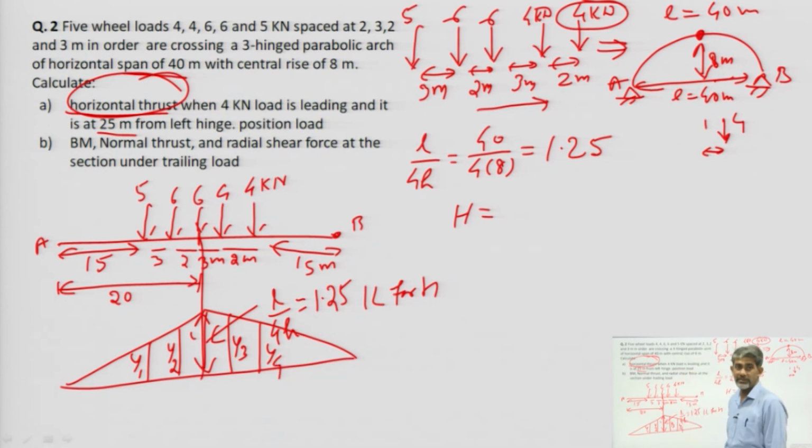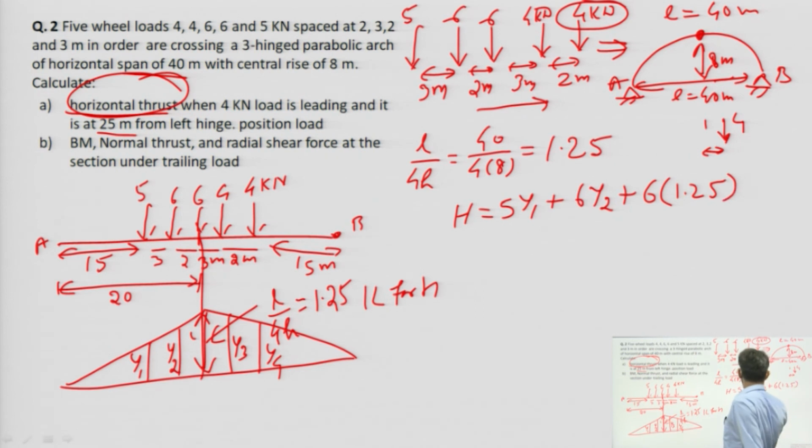So, the value of H is 5 into y 1 plus 6 into y 2 plus 6 into this ordinate known as 1.25, plus 4 into y 3 plus 4 into y 4.